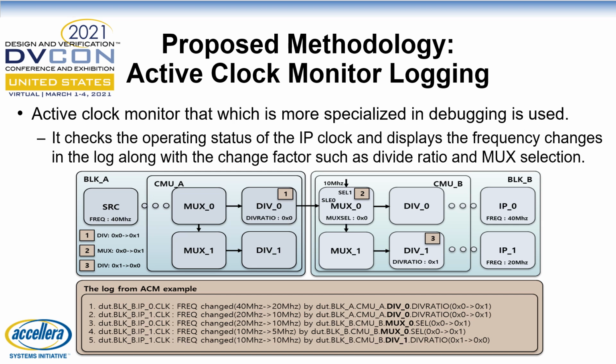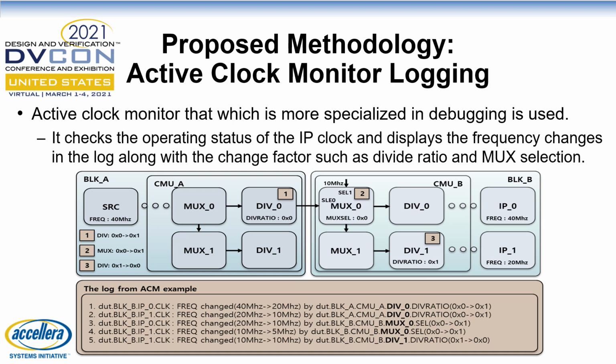And it prints the IP clock frequency in the log along with the change factors such as divide ratio and mux selection whenever the IP clock changes. So we call this the active clock monitor because it monitors the clock frequency considering the relationship between CMU components and IP clock, rather than simply monitoring the clock.